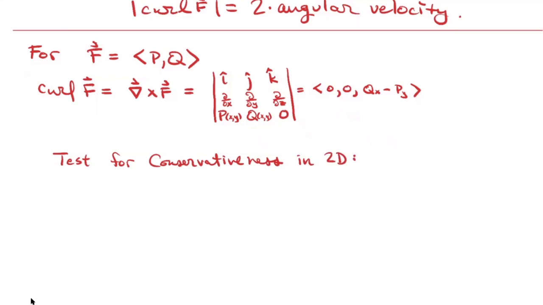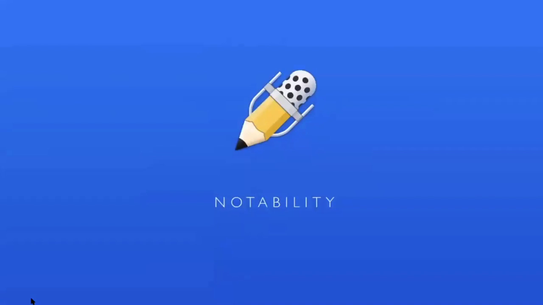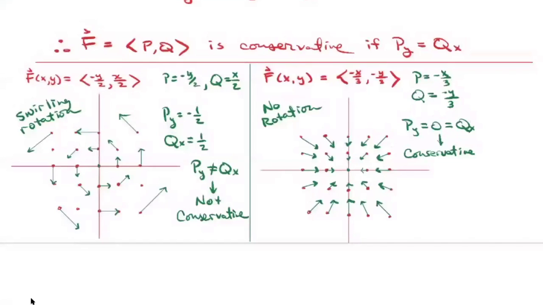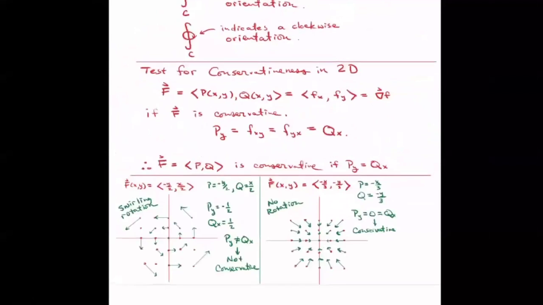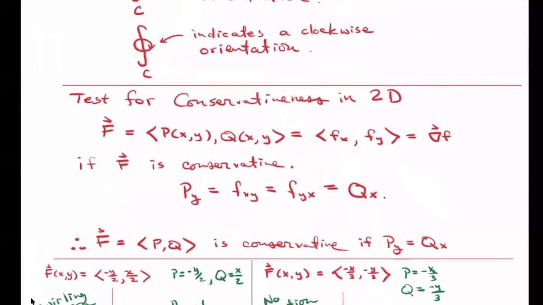So in 2 dimensions, we said that P_y, well, let me just go back. Again, I think this was 16.3, right here. Test for conservativeness: P_y is Q_x if the field's conservative.